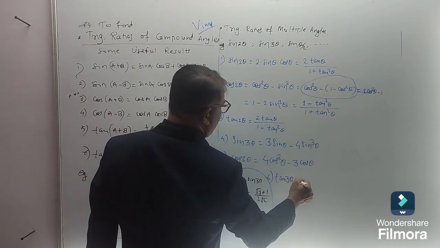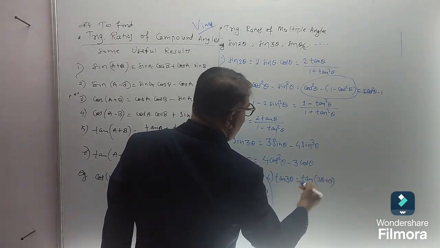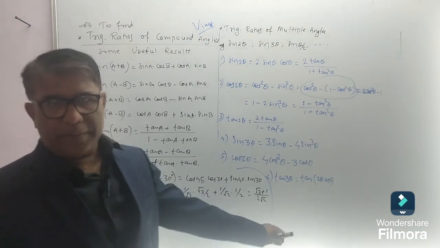Tan 3 theta, we can write as tan of 2 theta plus theta, for your practice purpose only.